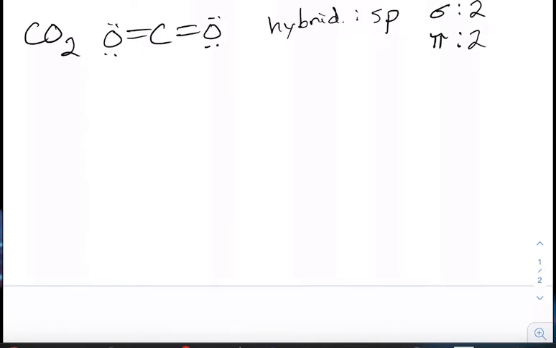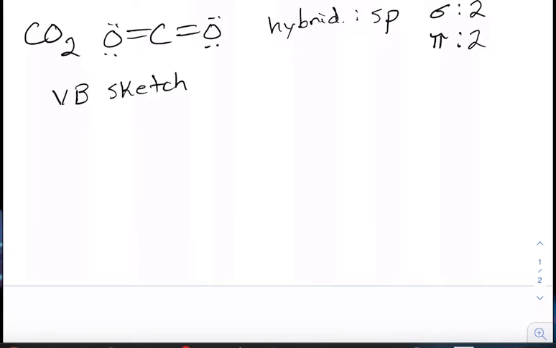All right. Now, next piece of this, after we have our hybridization and our number of sigma and pi bonds, I'll do the valence bond sketch again. Got hopefully plenty of room on this one. It's a little bit easier to do from a total space standpoint. But it is still going to look a little bit different because we do have pi bonds this time.